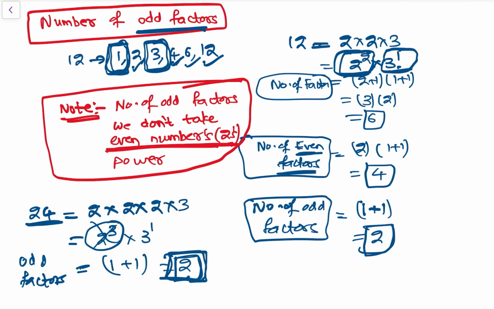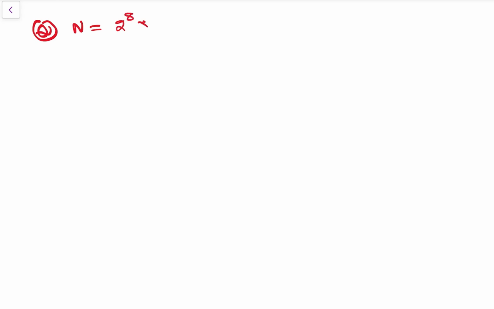Now let's see another question. The number n is equal to 2 to the power 8 into 3 to the power 3 into 5 to the power 2 into 7 to the power 1. Find the number of odd factors.